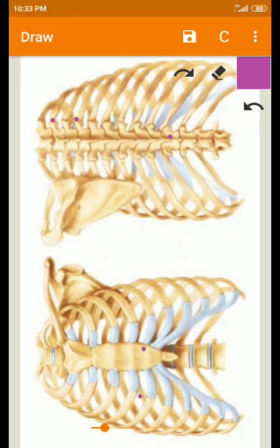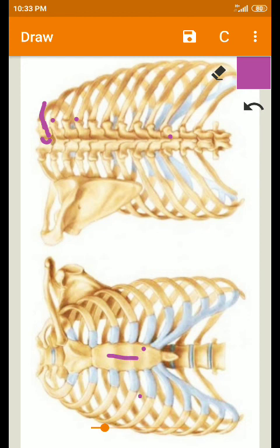Costa means rib, vertebra means vertebrae. Also, the sternum has the upper portion, the manubrium, and the next one is the body.